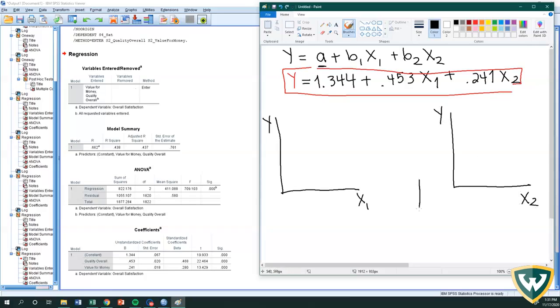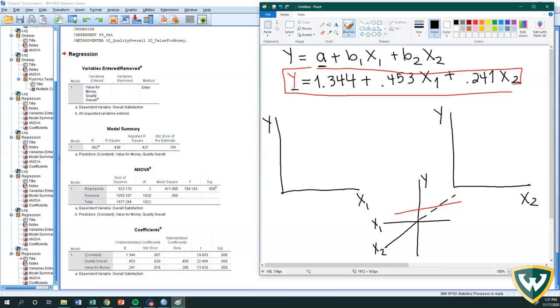A technically more correct way of doing this would be to put it in a 3D dimension with y, x2, and x1 as the axes, and you have to imagine a line that's floating in between all of these three axes. So just to see it a little more clearly though, I'm going to make it two graphs that are one-dimensional.